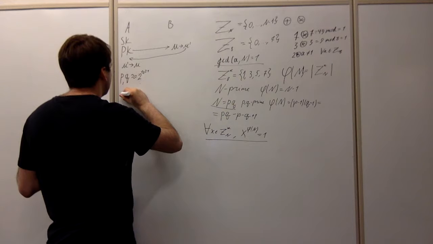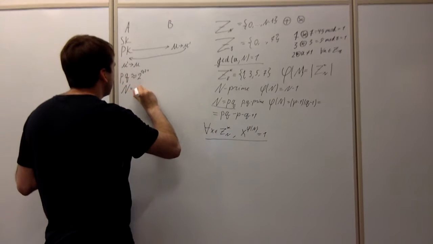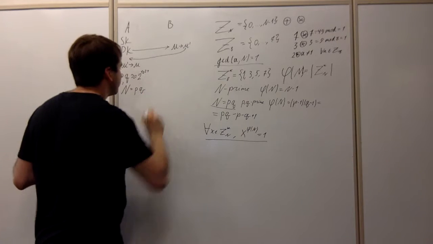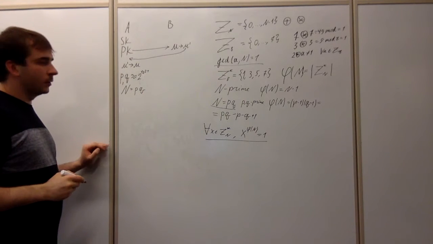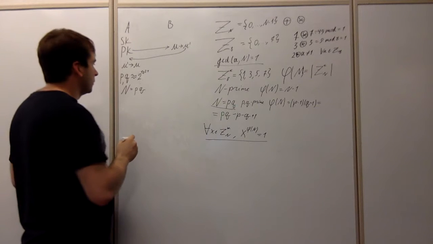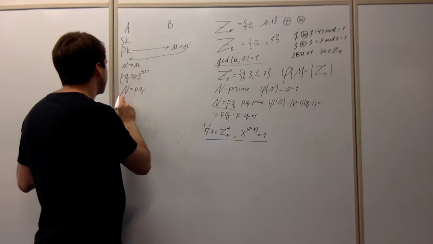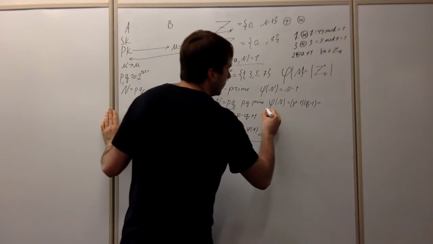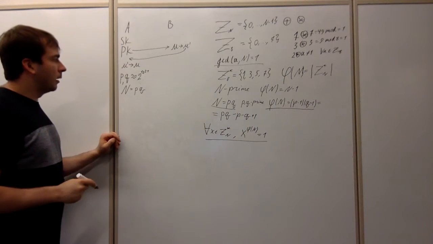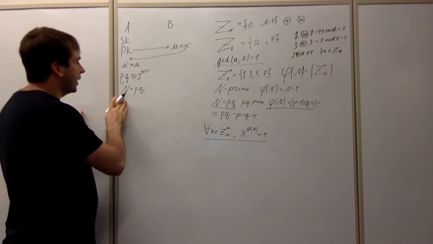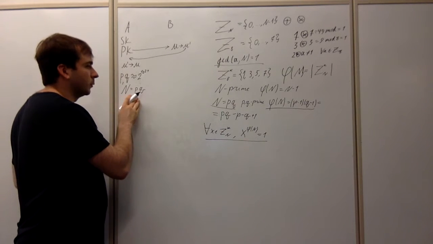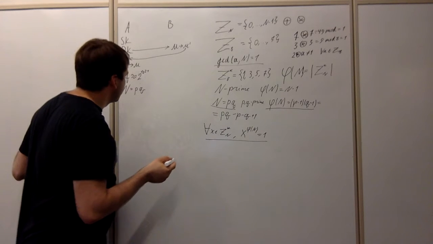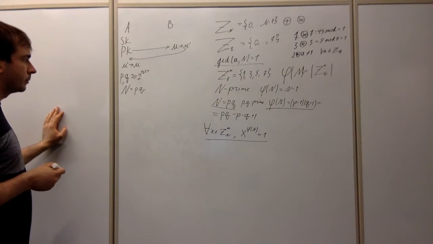Then we make n equal to the product of p and q. Why do we need that? Because knowing p and q makes it really easy to compute phi of n, and knowing just n makes it really hard to get what p and q are, and what phi of n is.